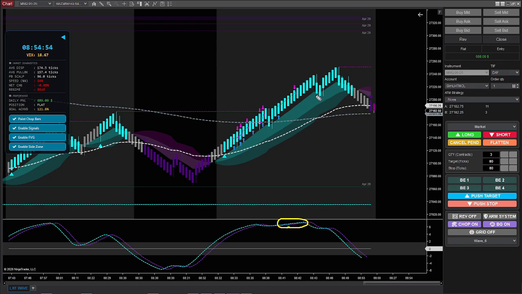We shouldn't have kept buying, and in fact, it exhausted. In other words, it warns us early that the market is about to turn.